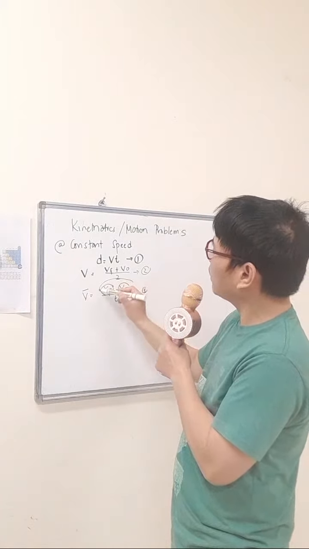And then another thing you have to know is at constant acceleration. Sometimes the problem says at a constant acceleration, and asks you to compute the velocity. You also watch for these words, constant acceleration.